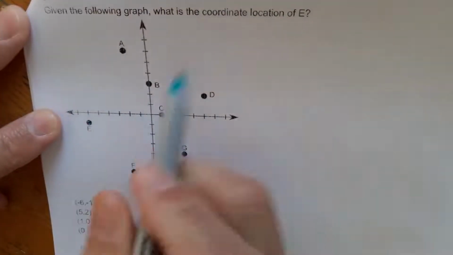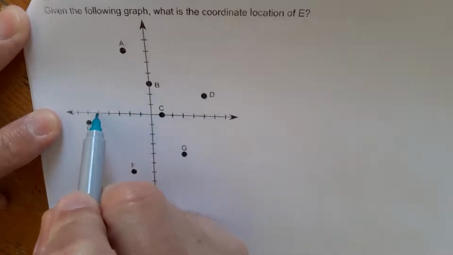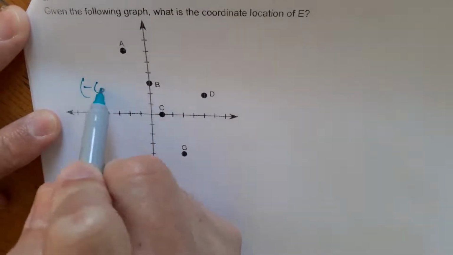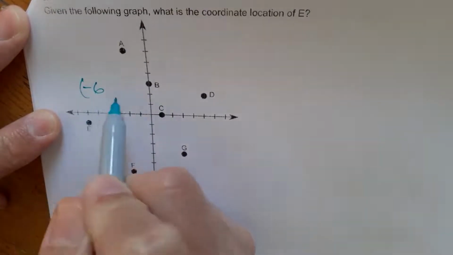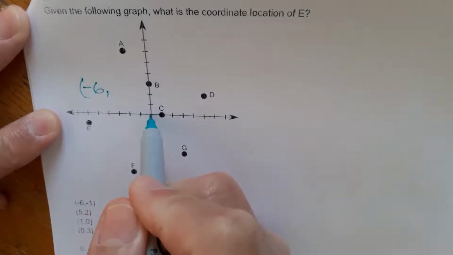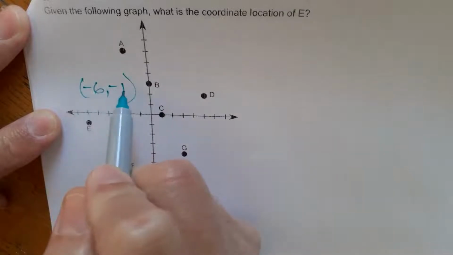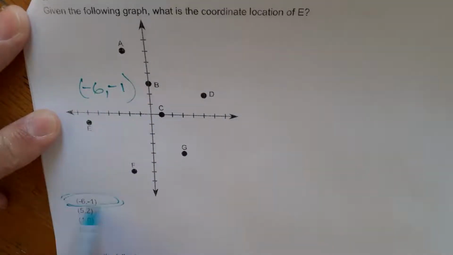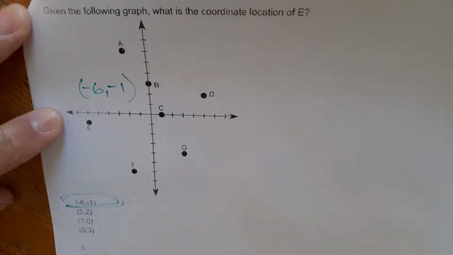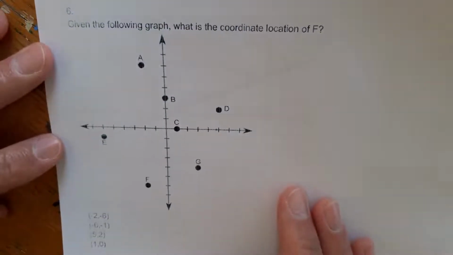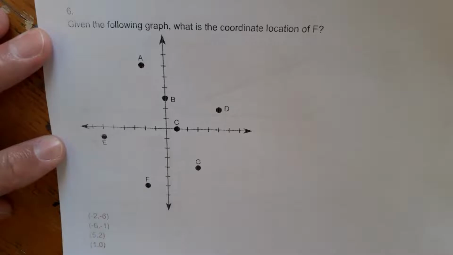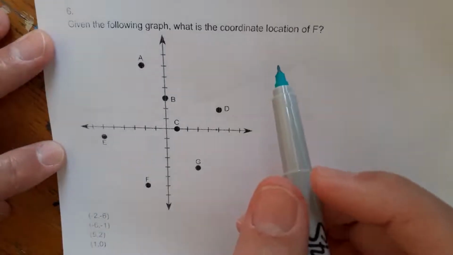How about point E? Let's go on the x, 1, 2, 3, 4, 5, 6. Now in this case we're going -6 because we're going to the left. How high is it on the y? Well, it's down 1. So we went negative, we went down. So (-6, -1). And again, I'm assuming that you've already graphed points at this point. If you're in Algebra 1, you've already probably graphed points in prior classes. This is just a reminder and just a warm-up.